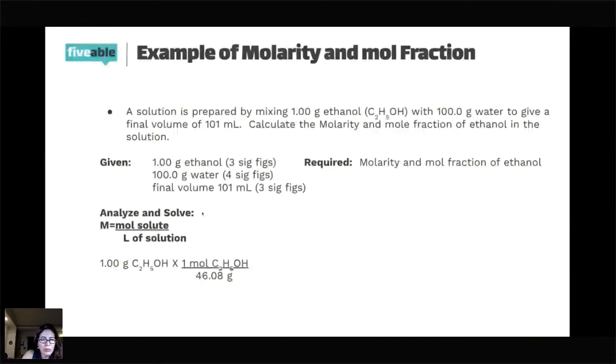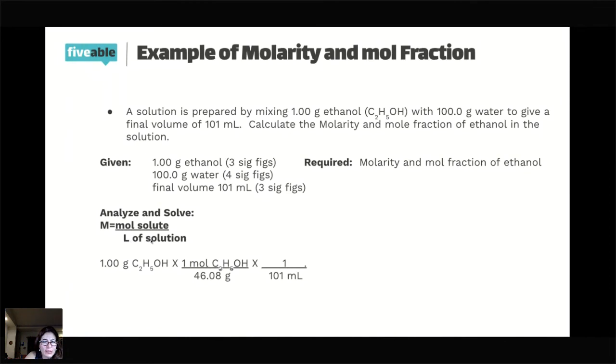The volume that we get in 100 grams of water, or the final volume? Correct, excellent, Camila and Young. We use the final volume. So we are going to use the 101 milliliters.